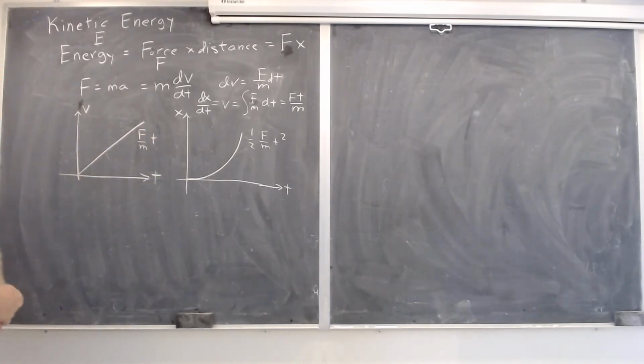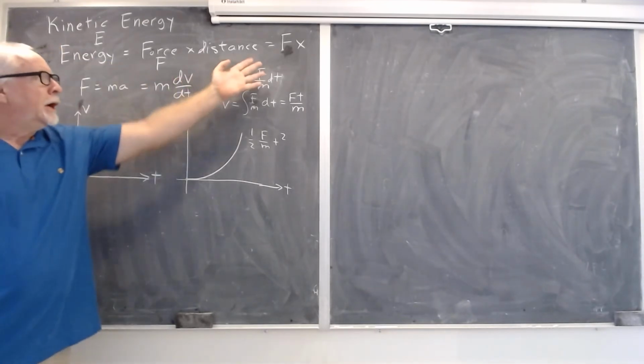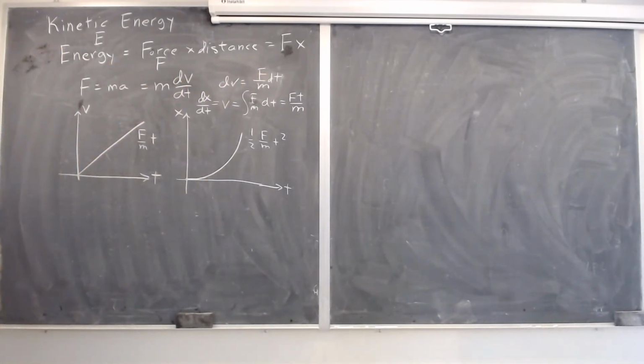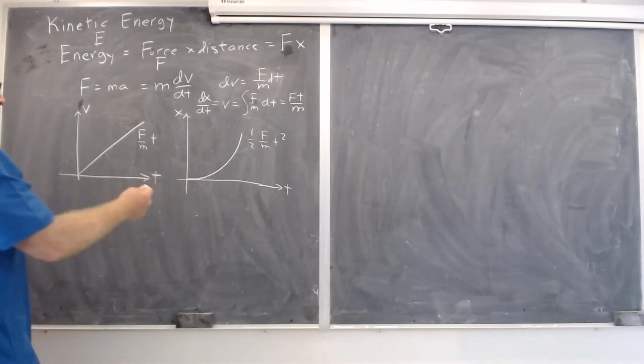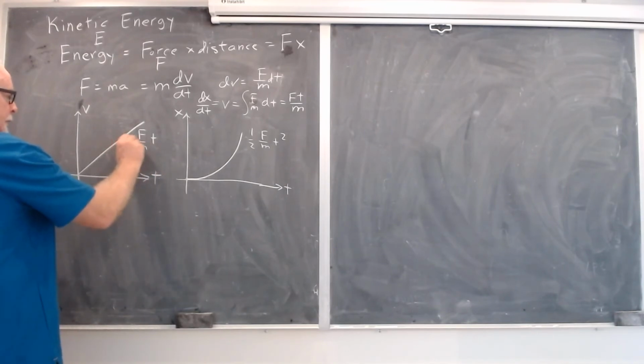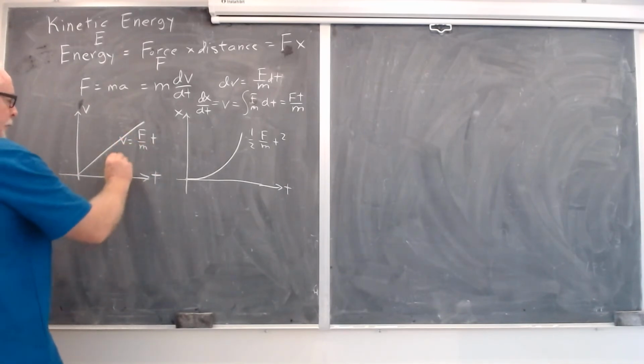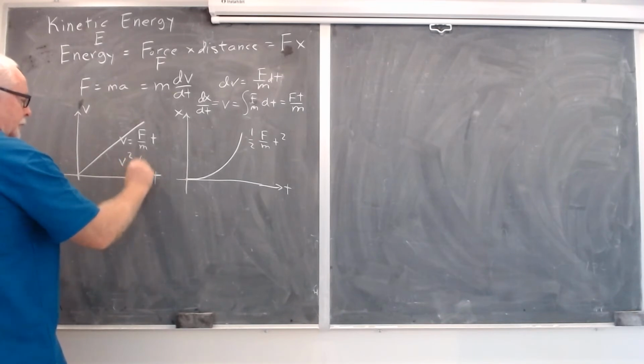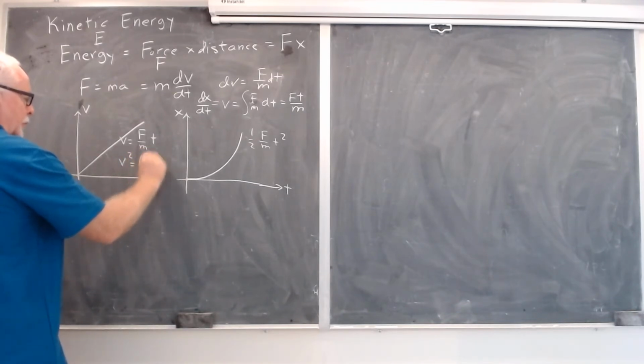And so what we want to do here is show that the energy is 1/2 mv squared. So we want to figure out how to replace x with v in that equation. That's pretty straightforward, since we know that v is equal to F over m t, we know that v squared is F over m t squared.